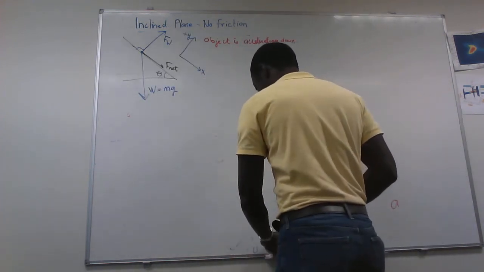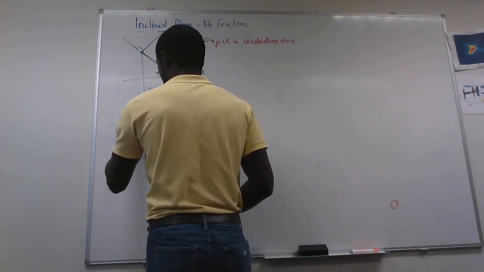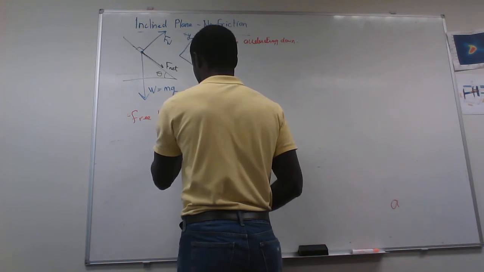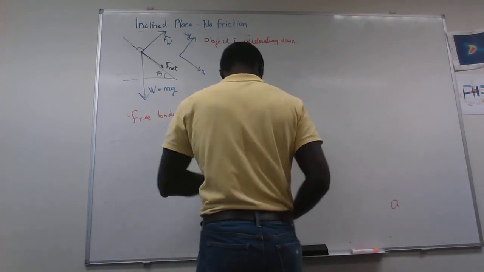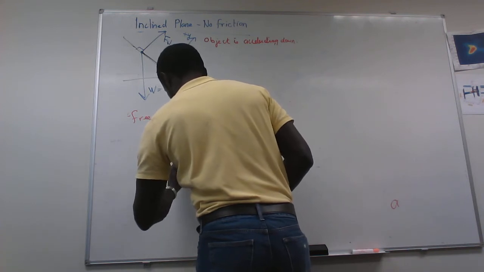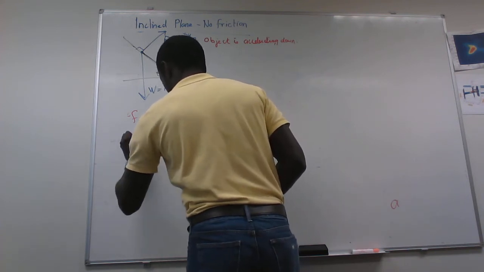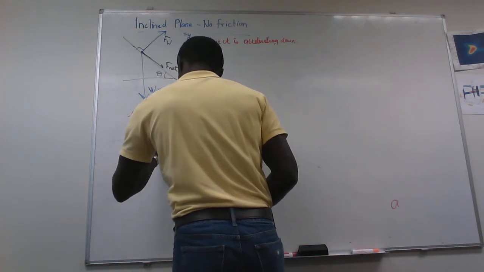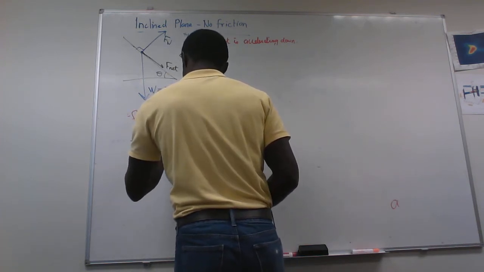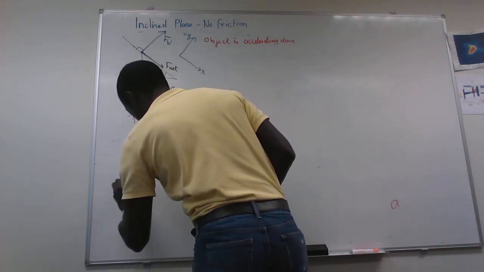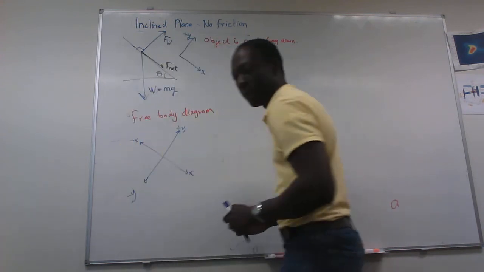So we're going to draw our free body diagram using this new definition of our x-axis and our y-axis. So positive y goes this way and negative y goes that way.